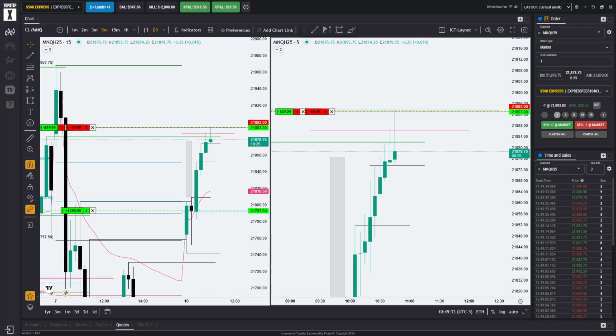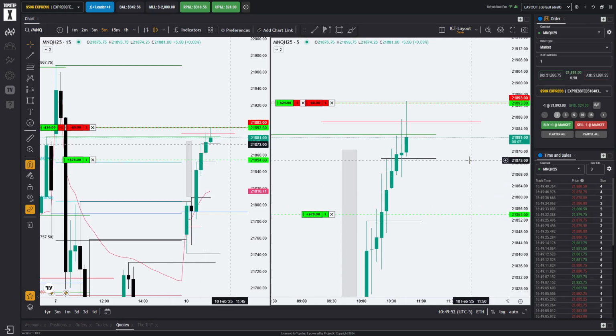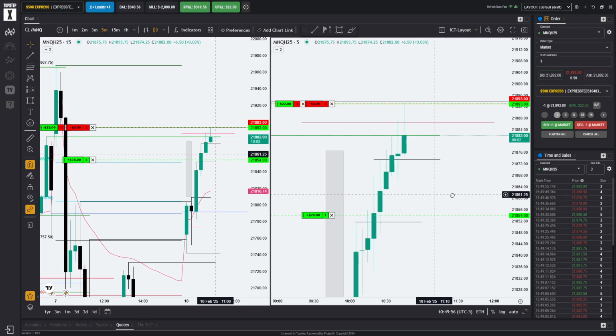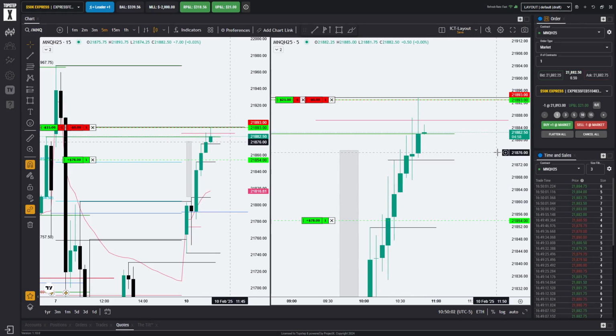Drop to 50, 52. It's very possible to grab that liquidity. At 11 a.m. Eastern Time, we get New York Fed inflation expectations.